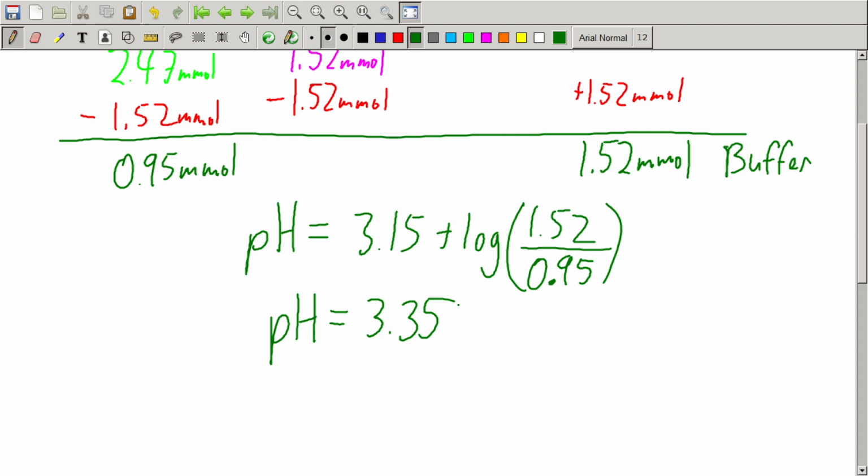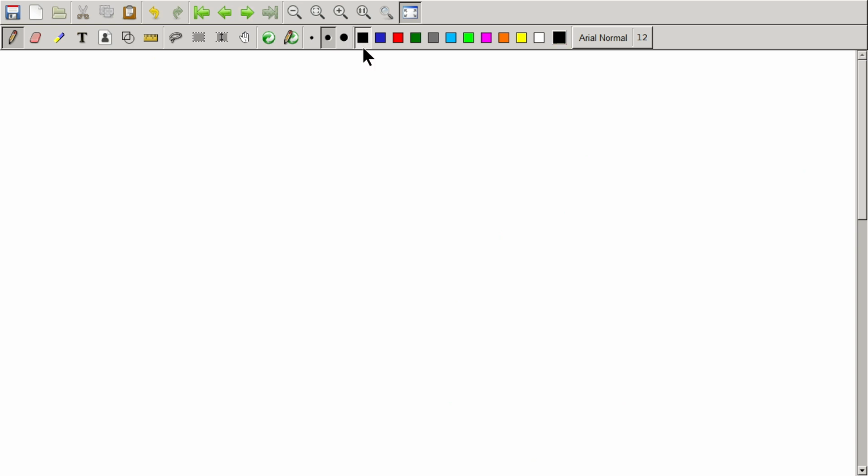Okay, what do you think is next? We want to figure out what is the pH at the equivalence point. What are we going to do?